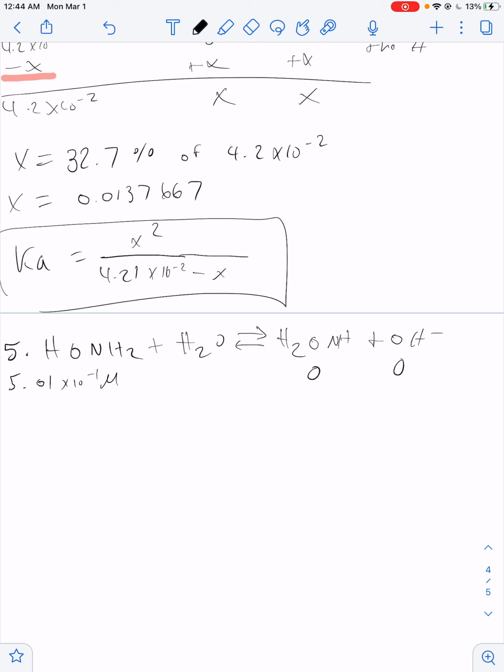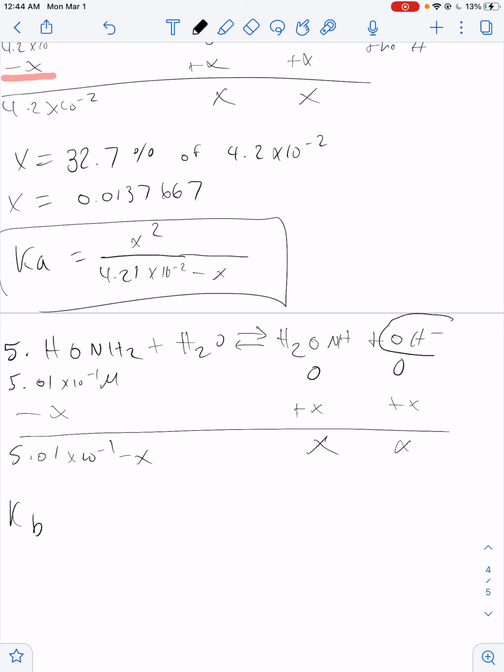And then this is going to be minus x plus x plus x. Okay, and then we need to write a Kb expression because this is a basic solution, so we're using Kb now.